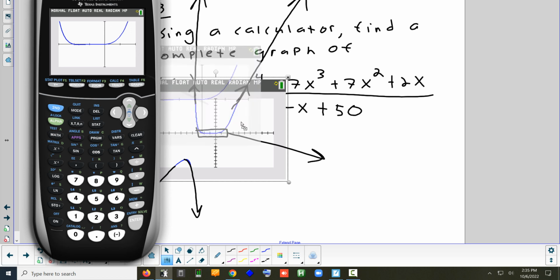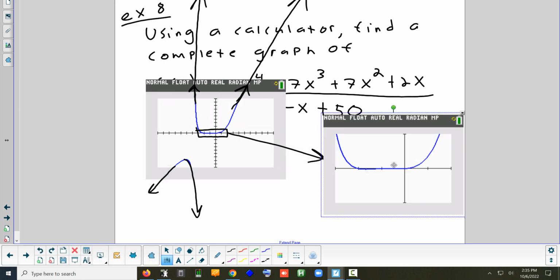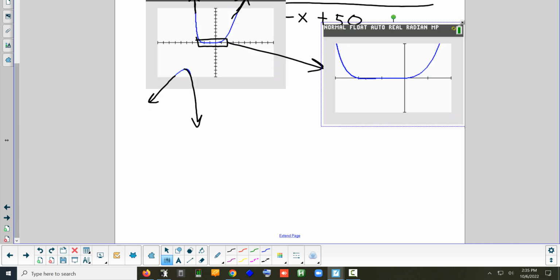When we zoom in, did we really gain anything there? I still can't really tell. It just still looks pretty flat. So let's zoom in again.